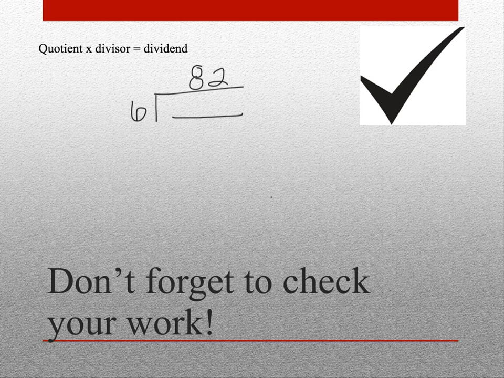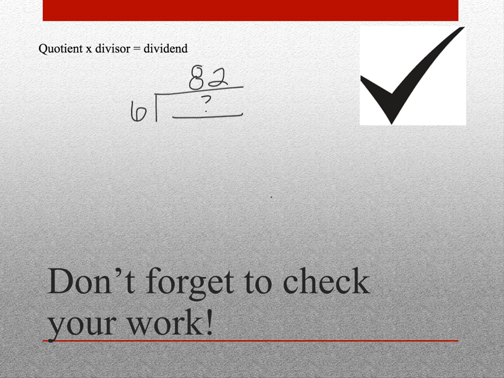You can't forget to check your work. It's such an important part of the division process. Let's say I had a problem like this. Some number divided by 6 gives me a quotient of 82. Well, by knowing how to check a problem, I can find that missing dividend.